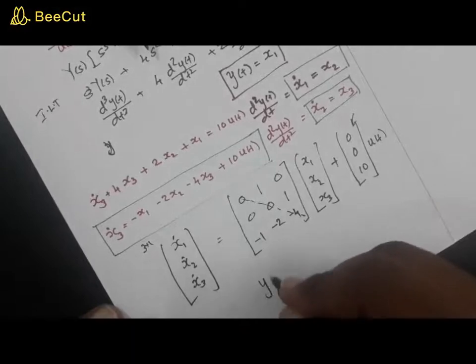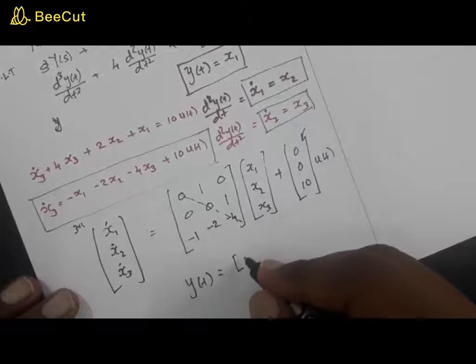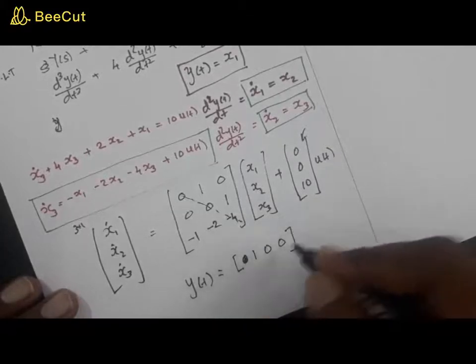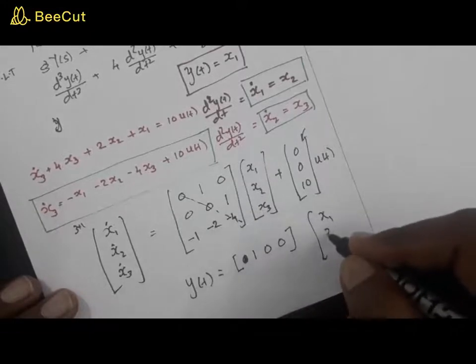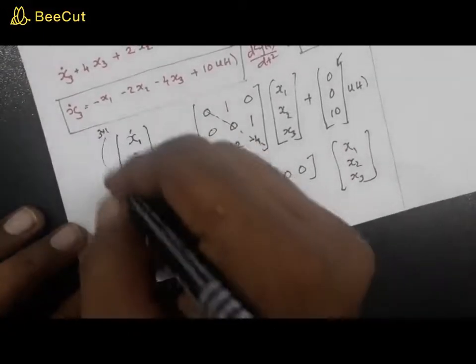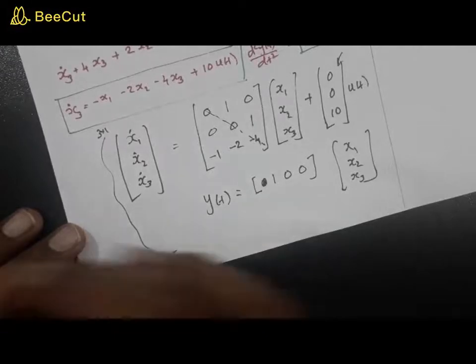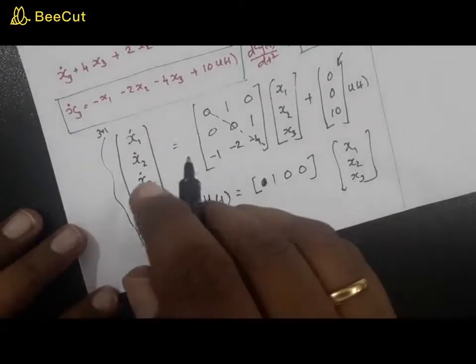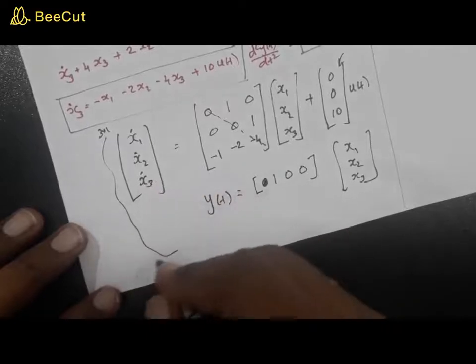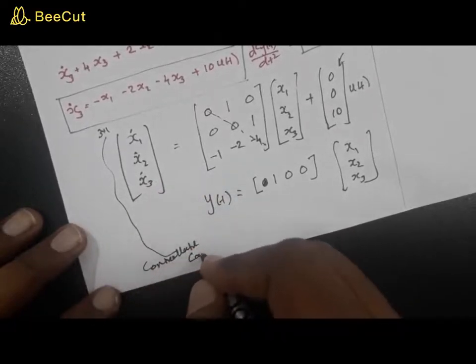How will you get y(t)? You will get y(t) as 1 0 0 into x1, x2, x3. This form is what is called the controllable canonical form.